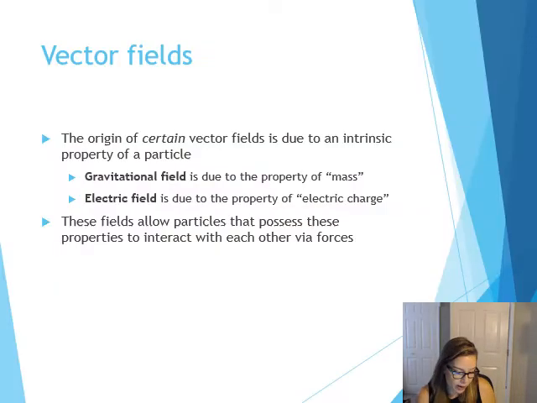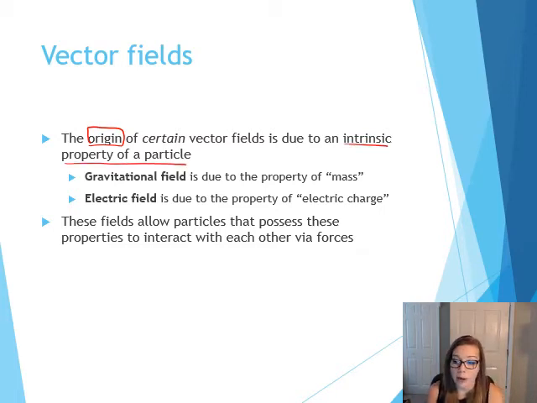We are going to focus on two specific vector fields. The origins of these vector fields have to do with an intrinsic property of a particle. So these are just two specific examples, like I showed you a temperature map or a wind velocity map. Those are vector fields. But the ones that we're going to talk about are generated, or they exist, because of intrinsic properties of materials.